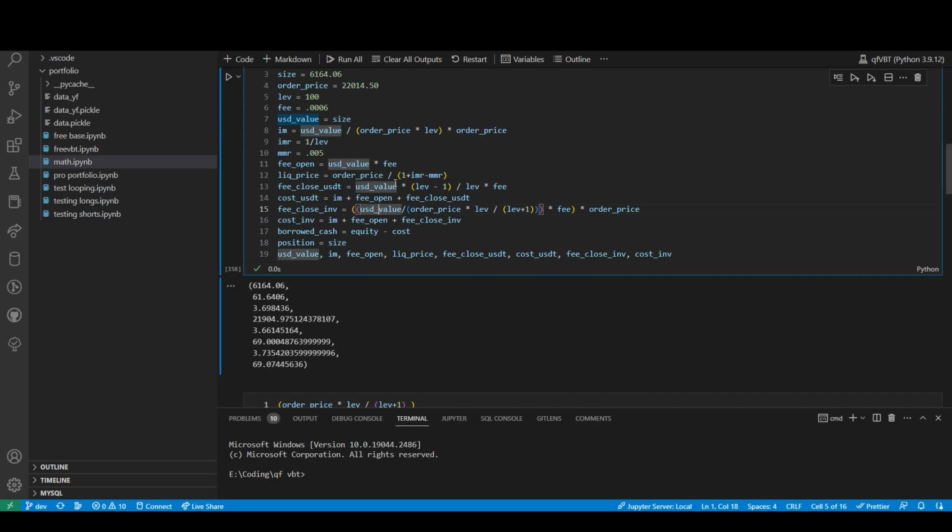So we have our USD value divided by, it says here, order price times leverage divided by 25 leverage plus 1.